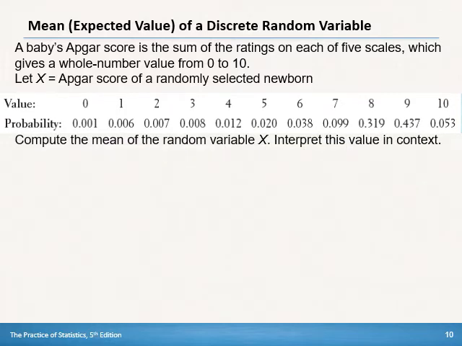Okay, so let's calculate the mean or expected value of the APGAR score. That means if we were to look at many babies, what would be the average APGAR score for those babies? If we took a sample of a bunch of babies, what would be the average score, the mean score, or the expected value?